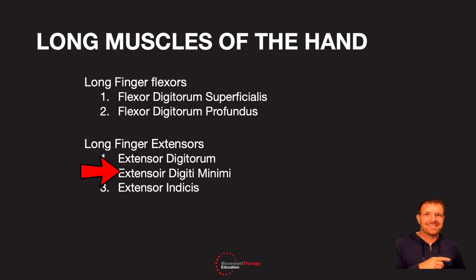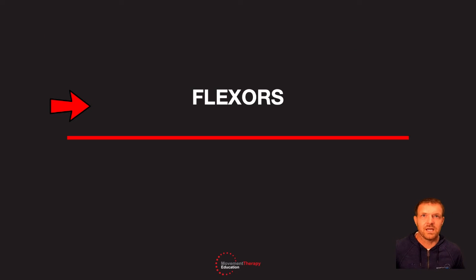We've got extensor digiti minimi, okay? You can guess which finger that extends. And then extensor indicis. And you might be able to guess which one that extends as well, just based on the name. Okay, so we're going to have a look at these two first. And if we get time, then we'll have a look at the others as well.